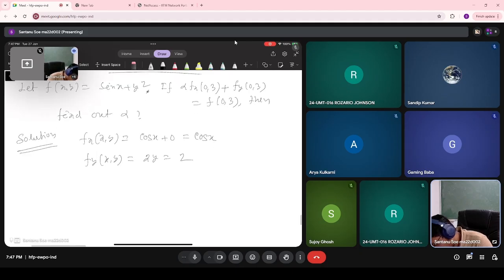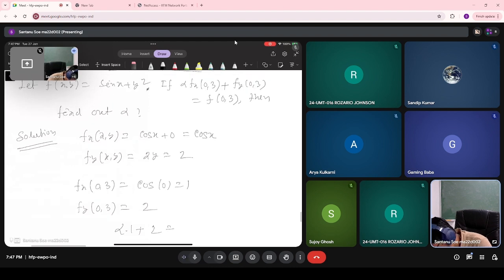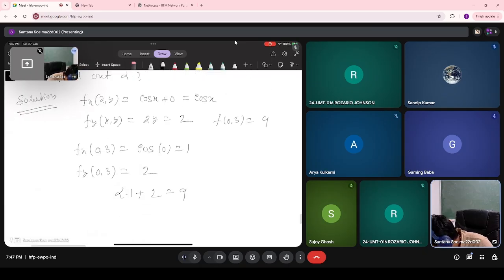So fx of 0 comma 3 will be cos of 0, so 1, and fy of 0 comma 3 will be 6. So alpha into 1 plus 6 equals what is f of 0 comma 3? F of 0 comma 3 is nothing but 9.